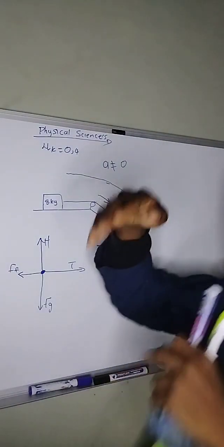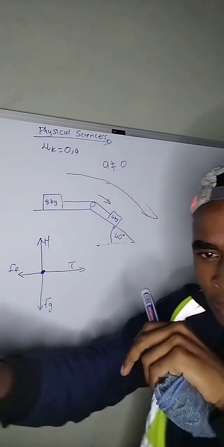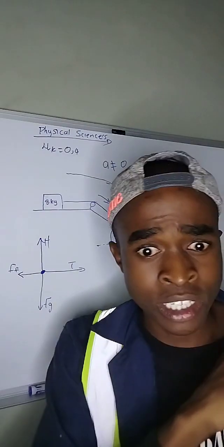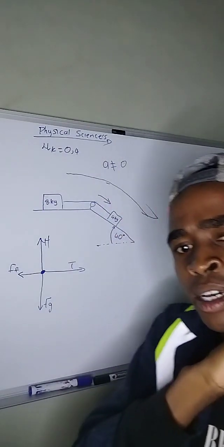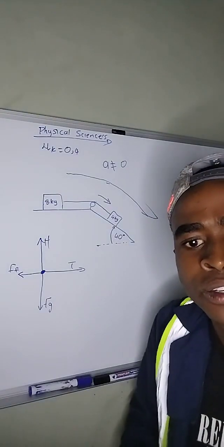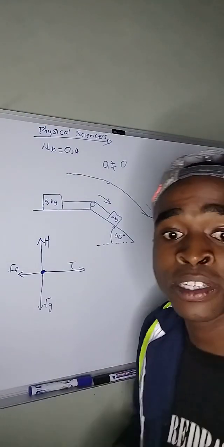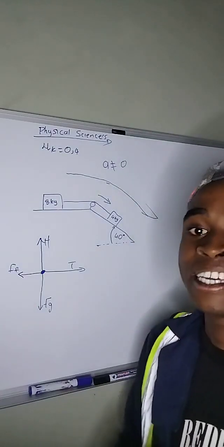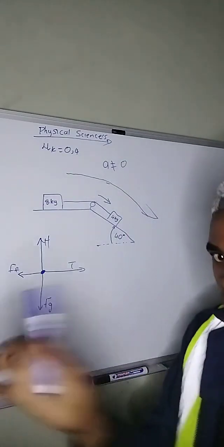What kind of surface do we have? That's the first question you have to ask yourself. It's an inclined surface, not horizontal.